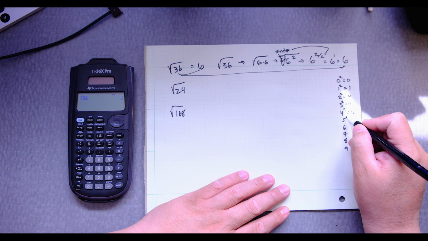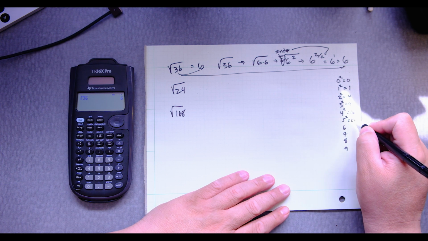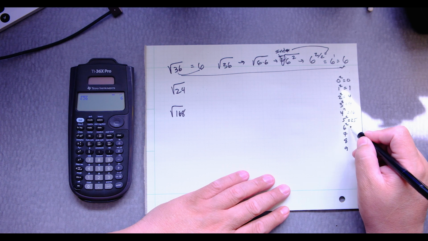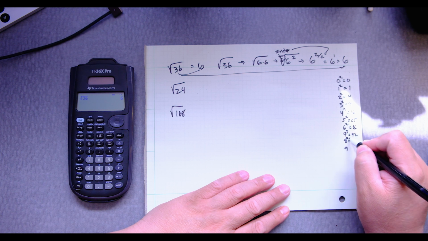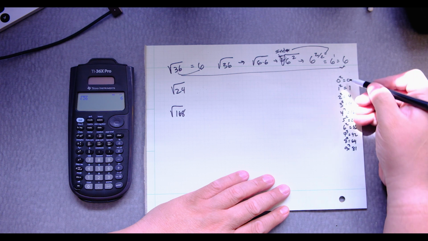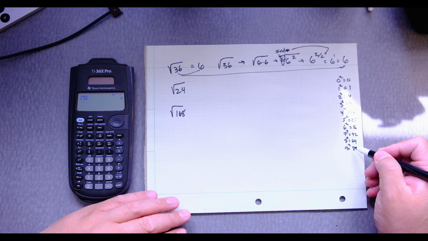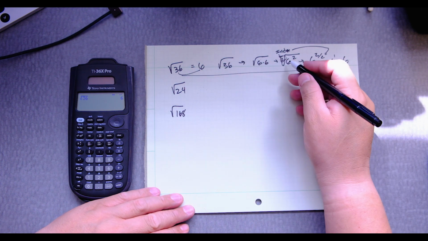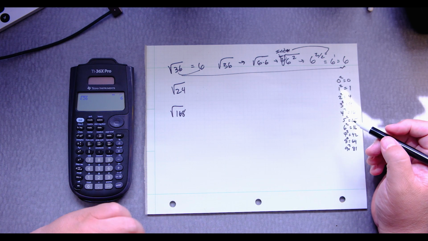Yes, it's a lot to remember. 5 squared is 25, but if you use them many times, you'll memorize them. 6 squared is 36. 7 squared is 49. 8 squared is 64. And 9 squared is 81. These values here are very important so we can do these simplifying roots.